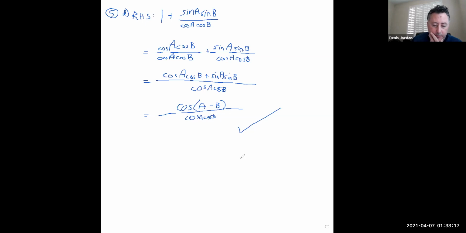A big thing with the proofs too is recognizing algebra to do. So factoring, adding fractions together, so getting a common denominator, splitting a fraction apart into smaller fractions, combining like terms.